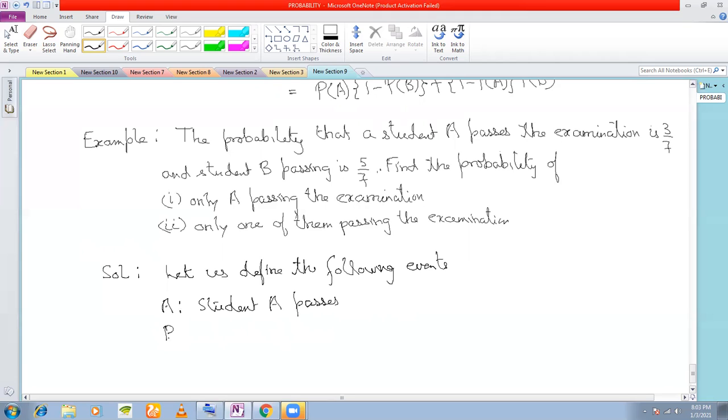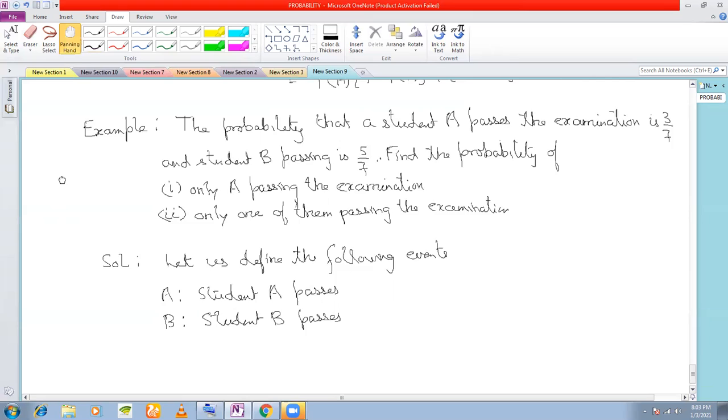Second, we shall define the event that student B passes. Why haven't we defined the event according to the question yet? Because there are two parts, right? So we'll define the main event later when we'll be doing one and two. These two are applied to both one and two.